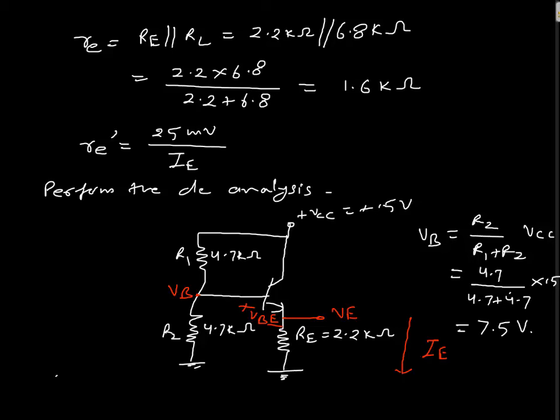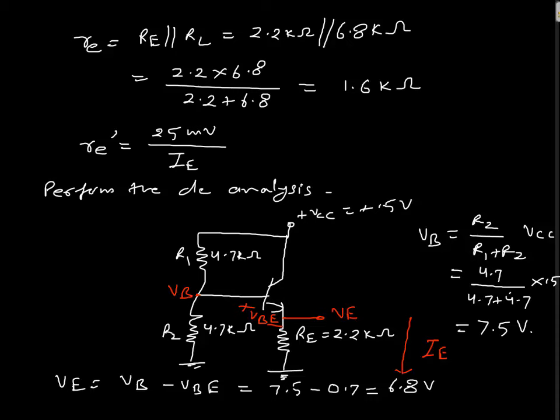Now, what is VE? If you look at the circuit, VE is nothing but VB minus VBE, which is 7.5 minus 0.7. If we solve this, we get 6.8 volt as the value of VE. Once we know the value of VE, we can write the value of IE as VE by RE.